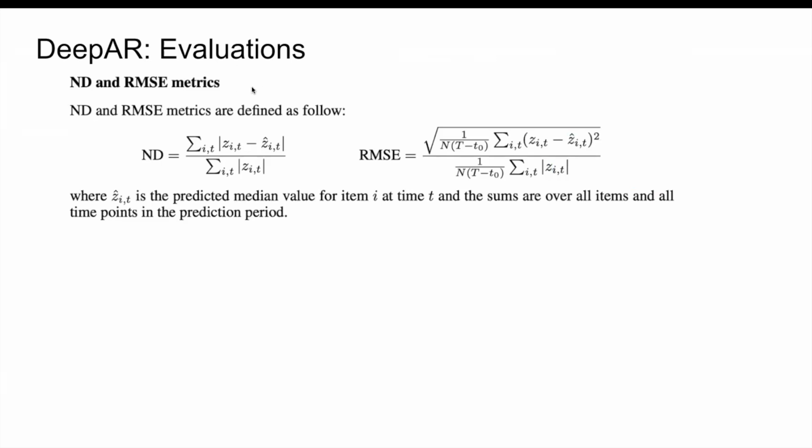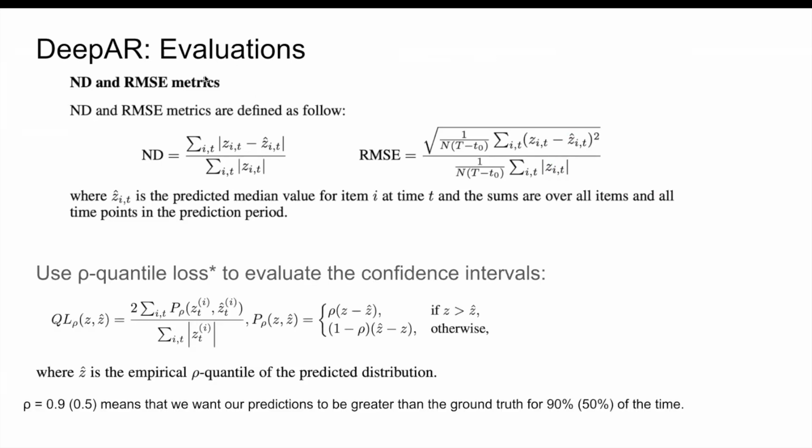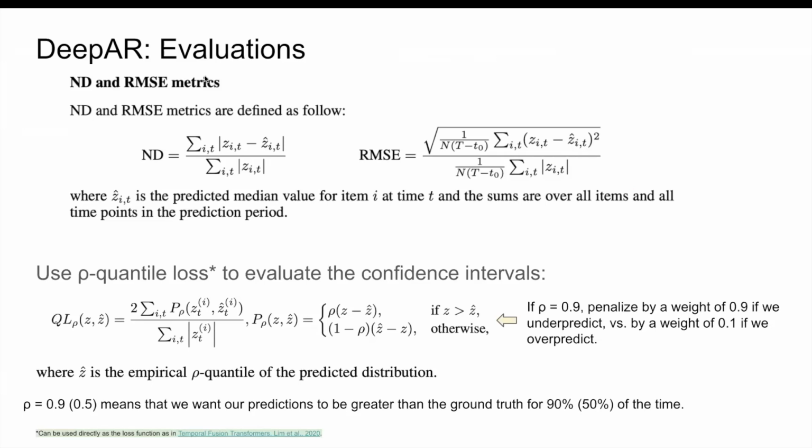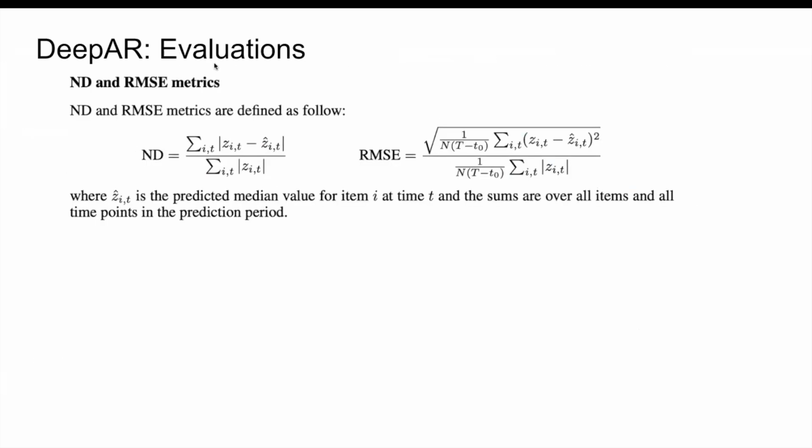And then the last thing, I think this is the last part I want to talk about, is the evaluation metrics. So in addition to the MAE, mean absolute error, or MSE, mean square error, the paper also has this ND and RMSE.